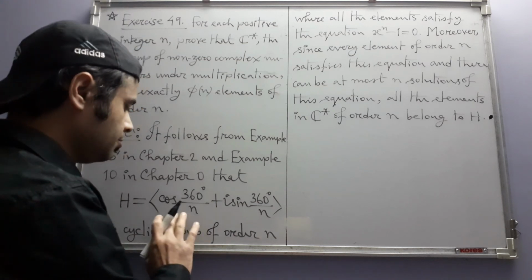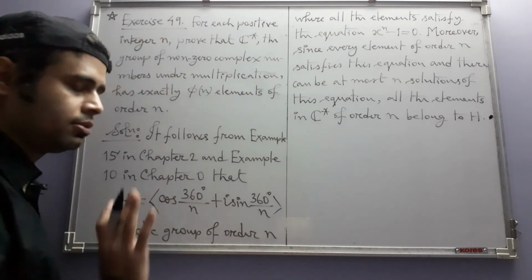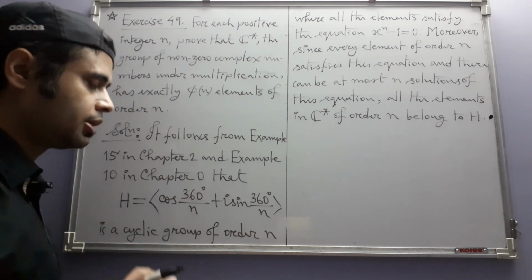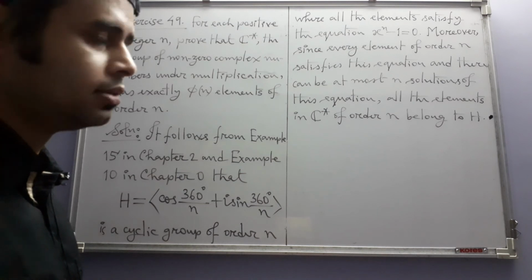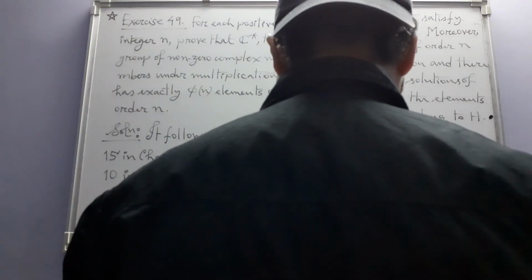That's why all the elements of order n belong to H. Now we have to figure out how many elements of order n there are in H. And that number is just this.